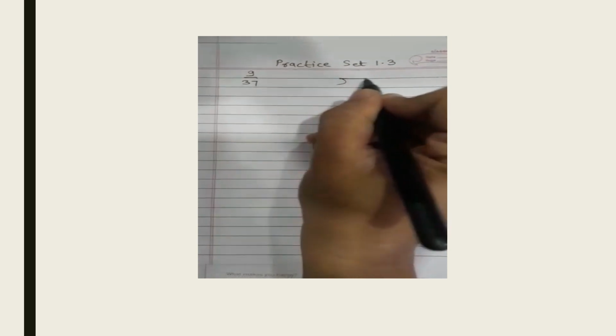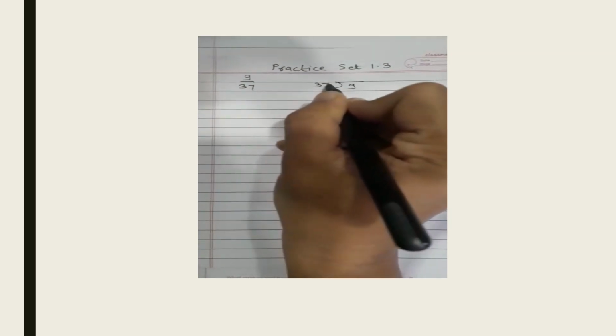Now let us solve practice set 1.3. Write the following rational numbers in decimal form. From this exercise, the first example is 9 upon 37. Here the numerator is 9 and the denominator is 37. So let's divide 9 by 37.